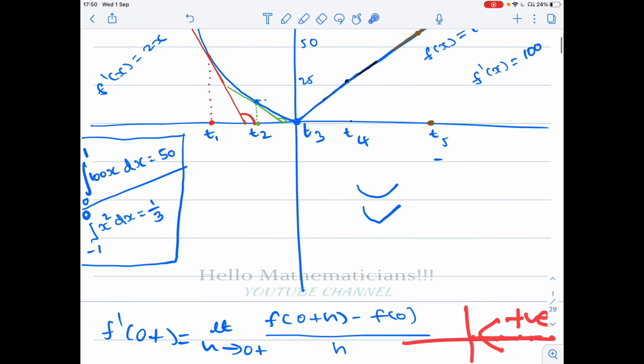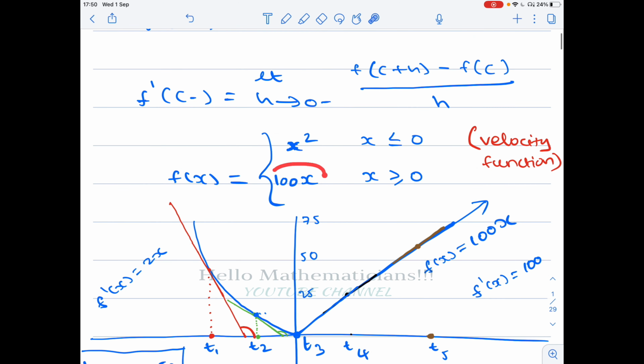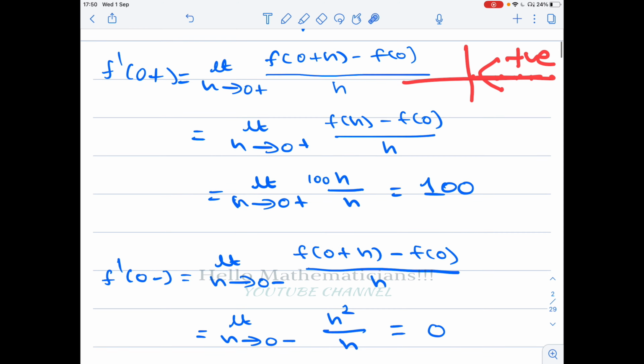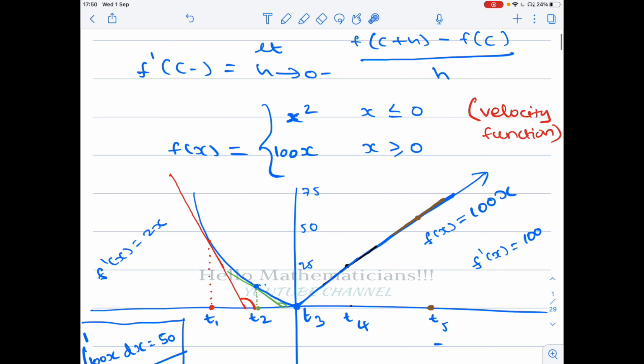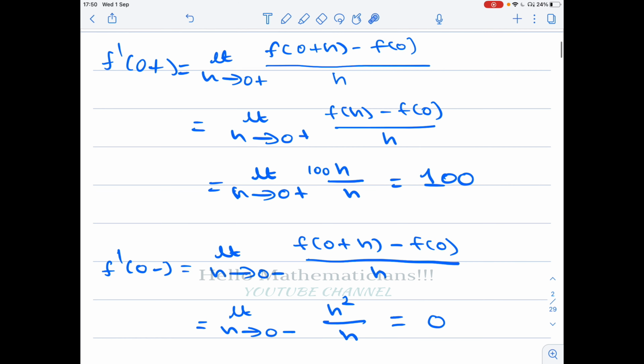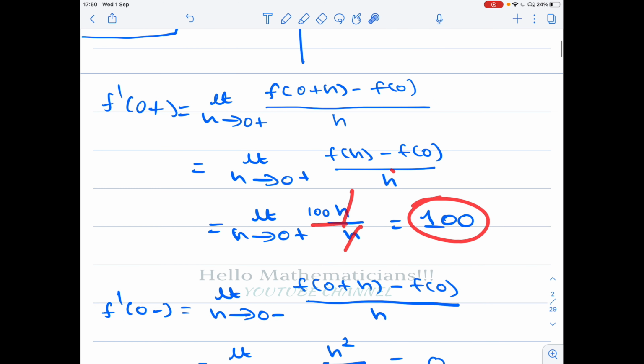Therefore on the positive side you have to put the function value 100x. So for f of h we put 100h, because h is approaching 0 from the right side. f of 0 is 0, that is clear from the definition of the function, divided by h. The h cancels, you get 100. That is the right derivative.